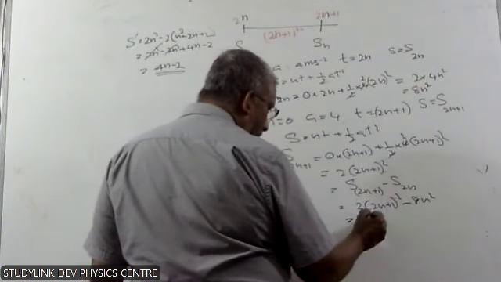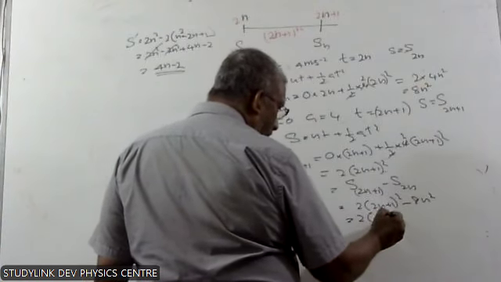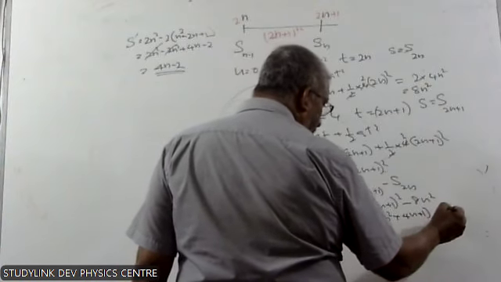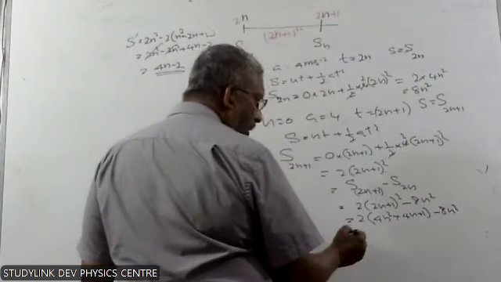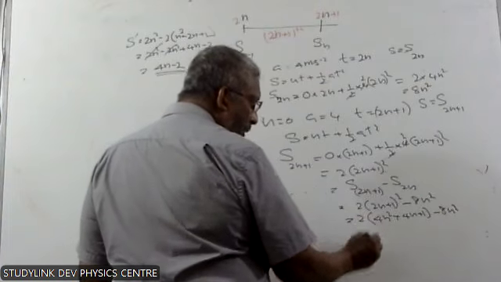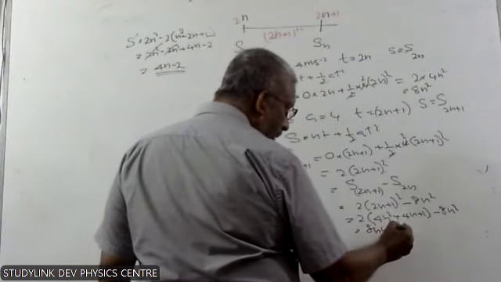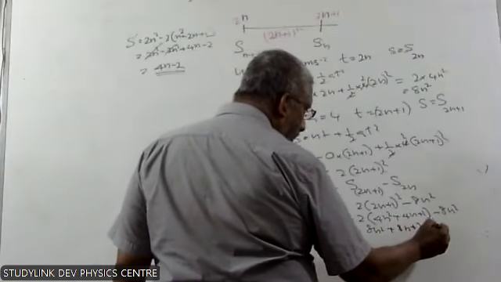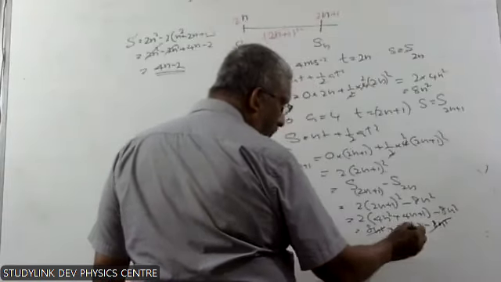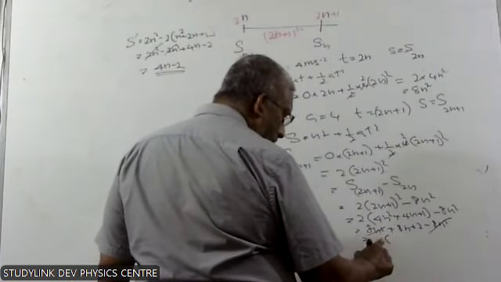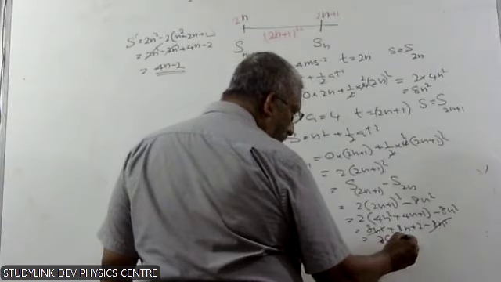Again, you have to multiply: 4n squared plus 4n plus 1, minus 8n squared. Then again, multiply by 2: 8n squared plus 8n plus 2 minus 8n squared. Cancel off. Then 8n plus 2, that means 2 is taken out, 4n plus 1.